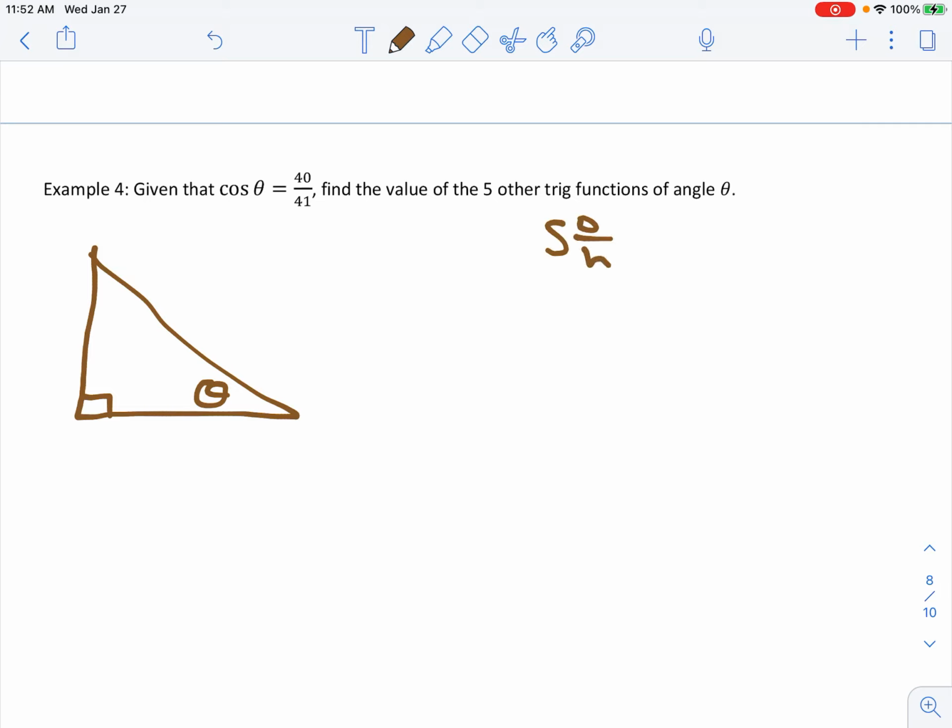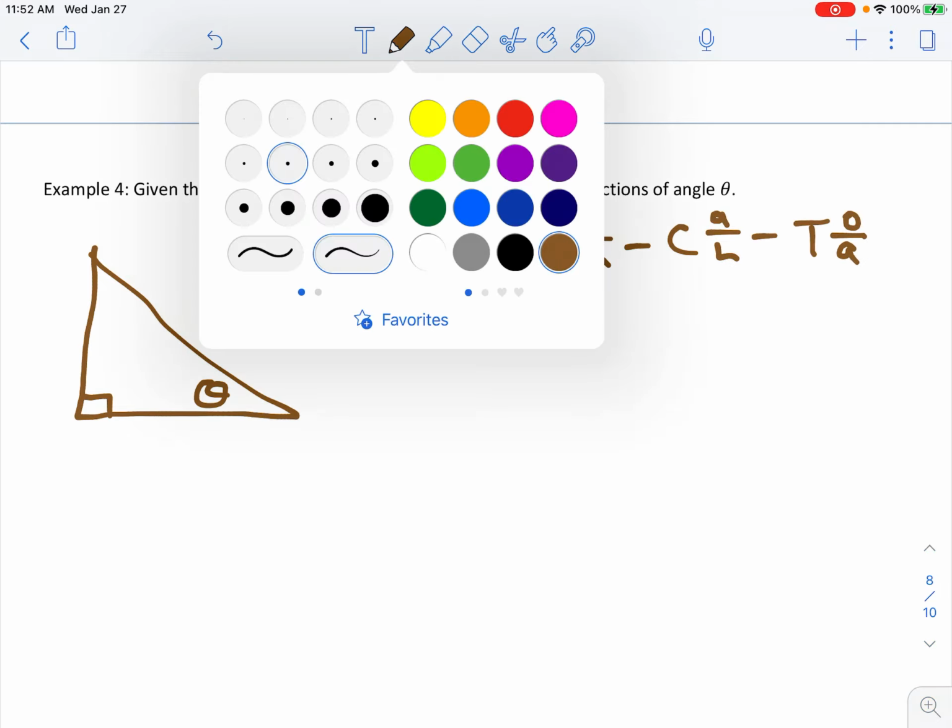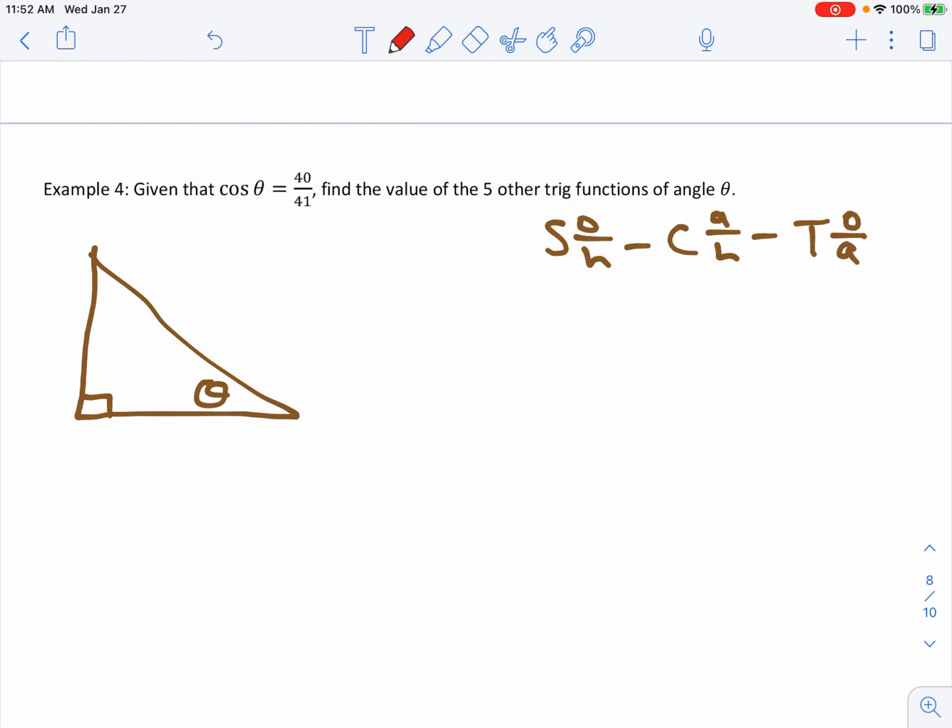Remember our little cheat sheet, SOH-CAH-TOA. Now notice they gave us cosine, and we know that cosine is adjacent over hypotenuse. So let's label our sides. Across from theta is opposite.